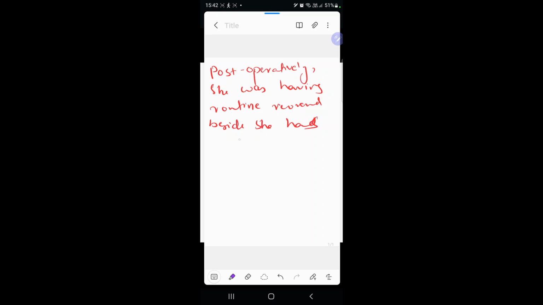After the introduction, we can write down, let's say, post-operatively. She was having routine recovery. Besides, she had bruising at the insertion site.